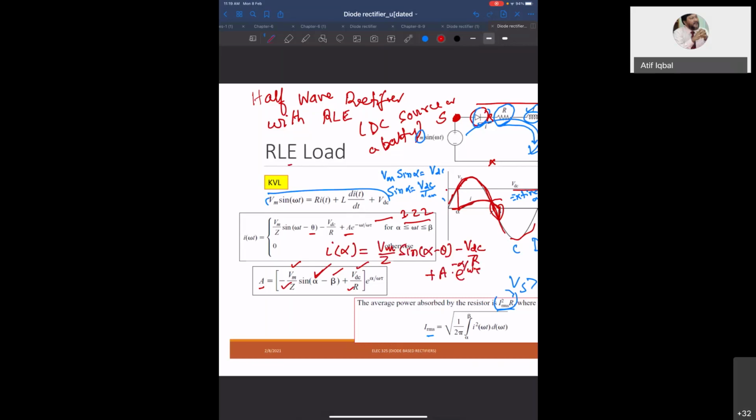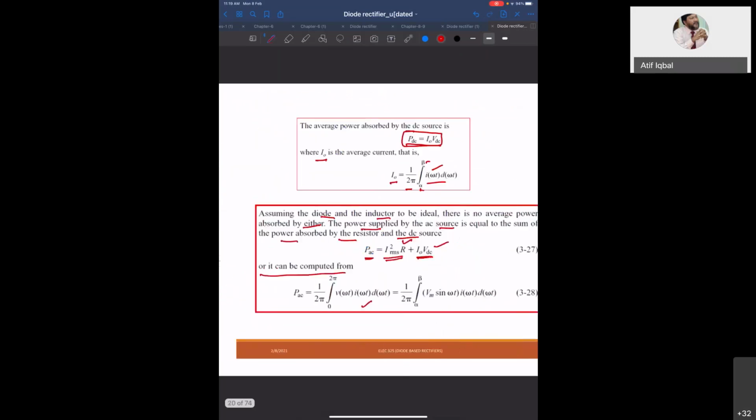And this should be equal to 0 because the current at alpha is 0. Now from this equation you can get the value of A, because you know theta, you know alpha, you know everything.